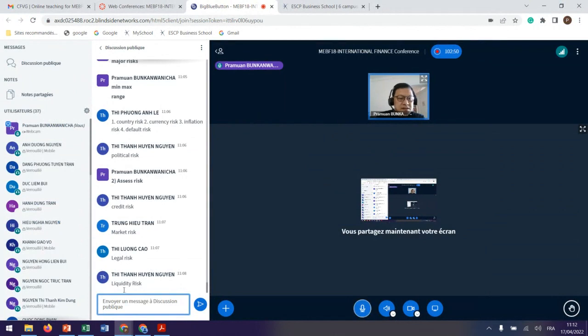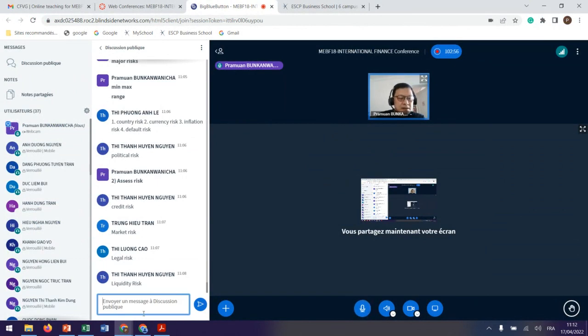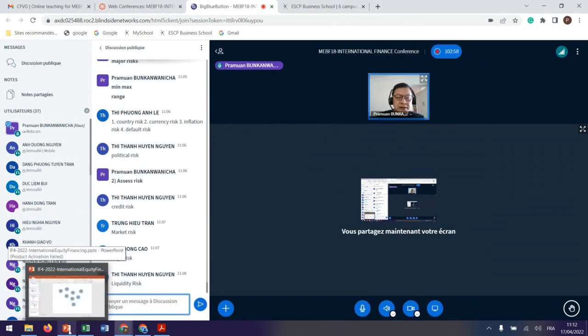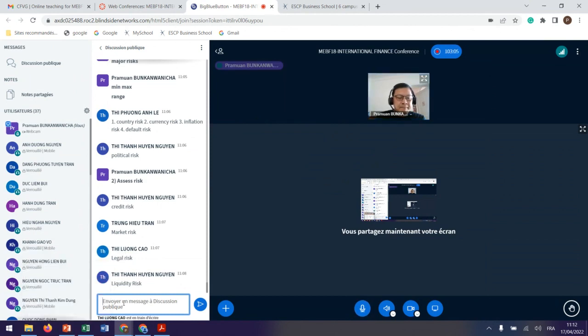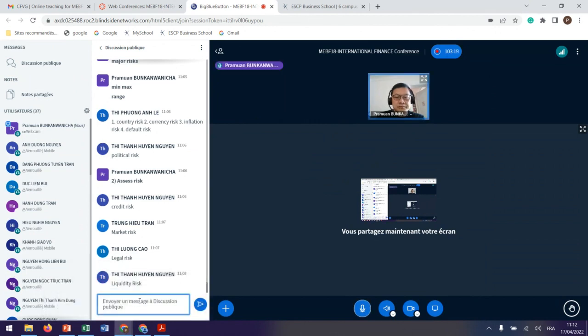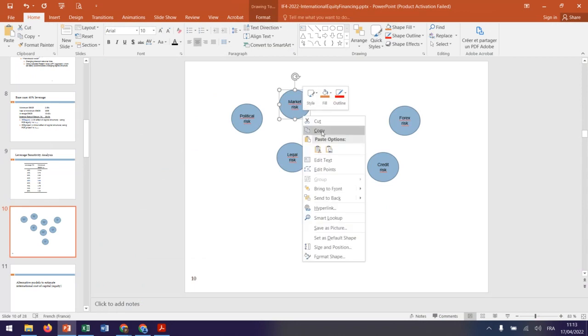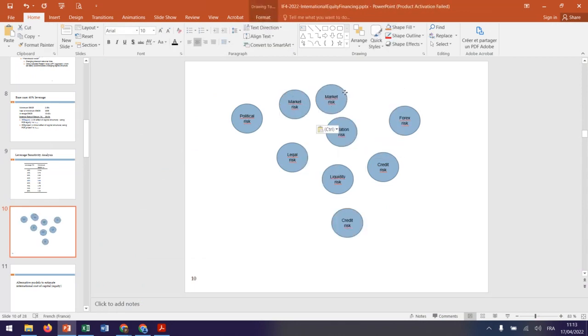Political risk, inflation risk, default risk. Default risk and credit risk are the same, right? Market risk. Any other risk you have? No? No others? Okay, market risk.